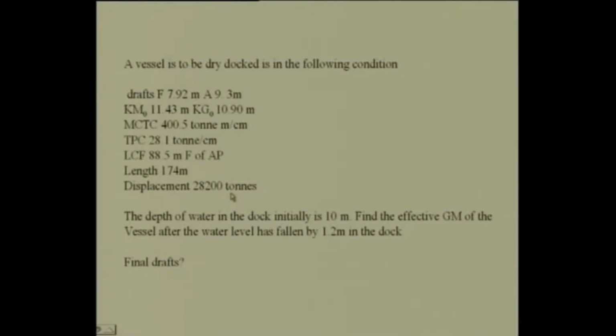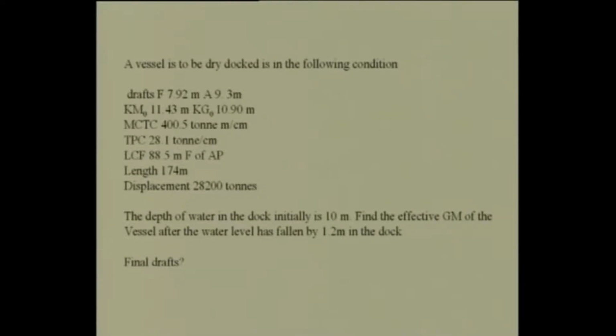Now in the dock, the depth of water initially is 10 meter. Find the effective GM of the vessel after the water level has fallen by 1.2 meter in the dock. Okay, so the water level has fallen by 1.2 meter, and then you are asked for the final draft. That is the question.